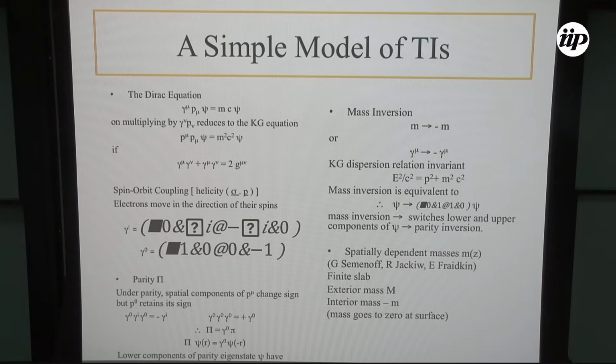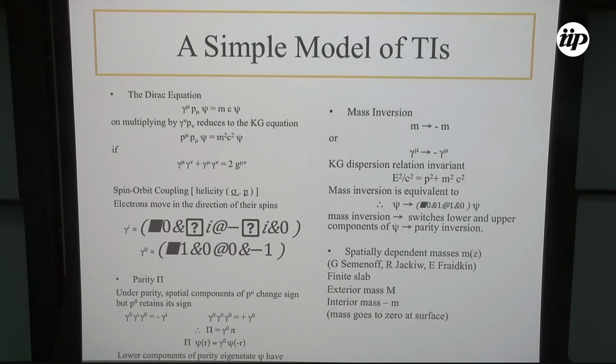This was realized early on by Semenov in 1983, Roman Jackiw, and a couple of his collaborators, Eduardo Fradkin. The model that we'll think of is essentially a finite slab of material surrounded by a vacuum, where the vacuum you can think of as having the mass of the electron, 0.5 MeV, large.